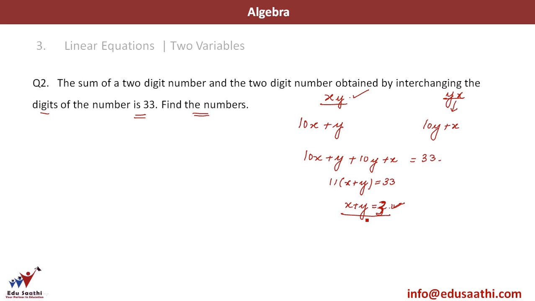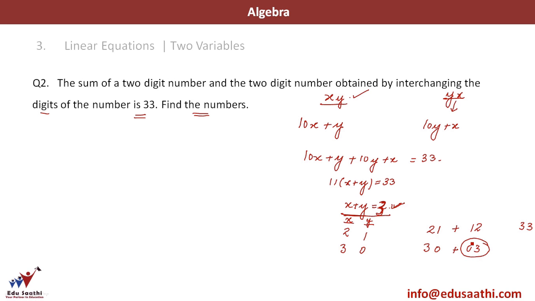So let's look at the number. 2-digit number is what I have to look at. So if I take the value of x as 2 and y as 1, the number would be 21 and formed by reversing the digits would be 12. They'll add up to give you 33. Perfect. Now if you take x is equal to 3 and y is equal to 0, the number would be 30 and if I reverse it, it will be 03.